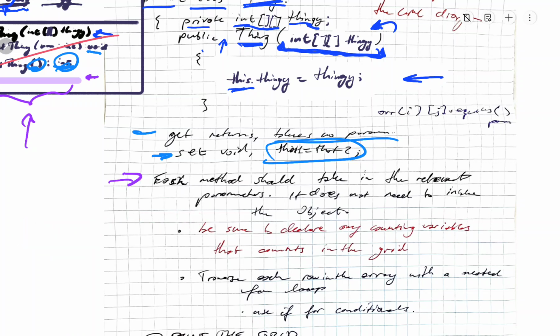So obviously it's called with respect to the thing, so we do not need to pass on the thing in the parameters. It would just be the one that's relevant. Let's say we're going to count how many numbers are over a certain threshold. You would probably intake the max number as the only parameter, for example.